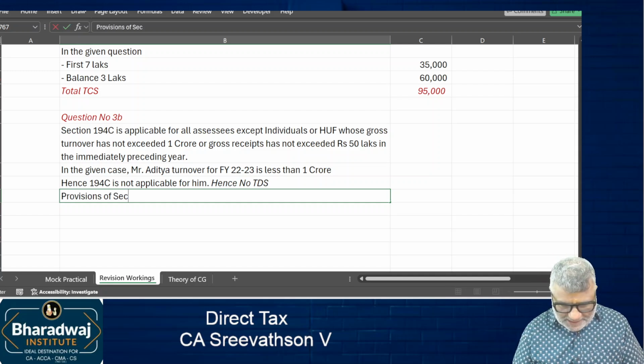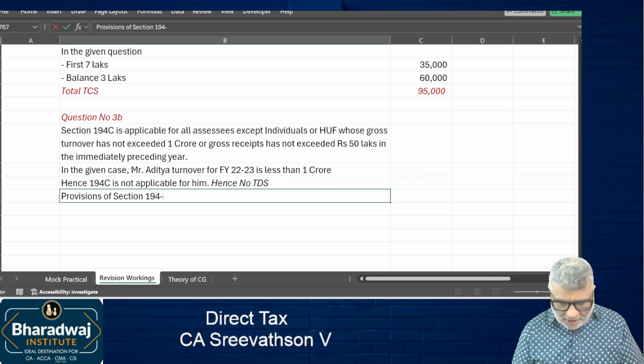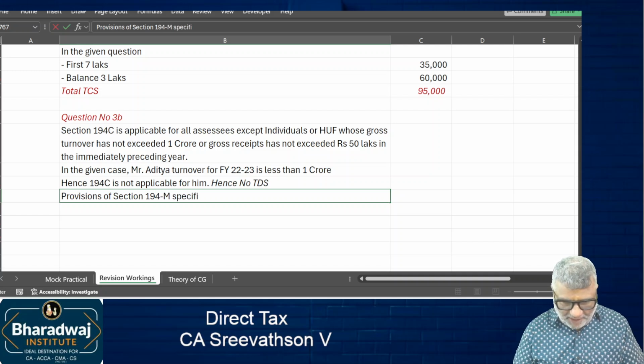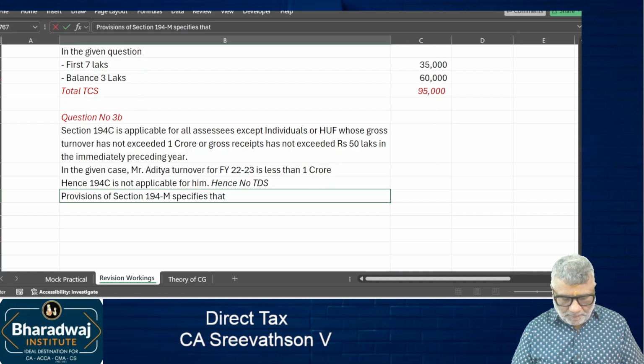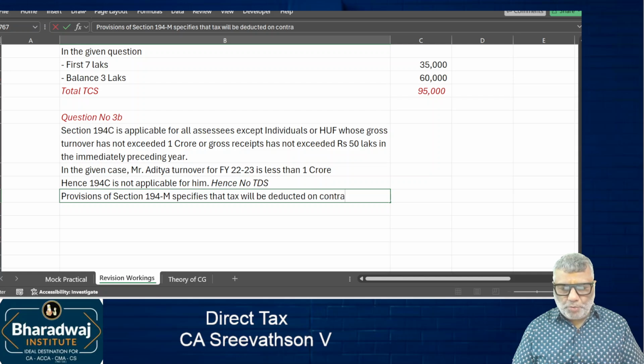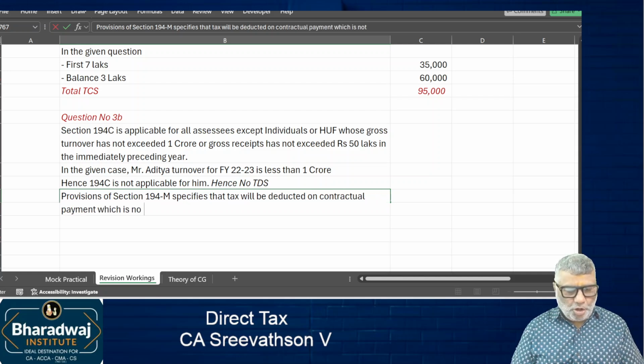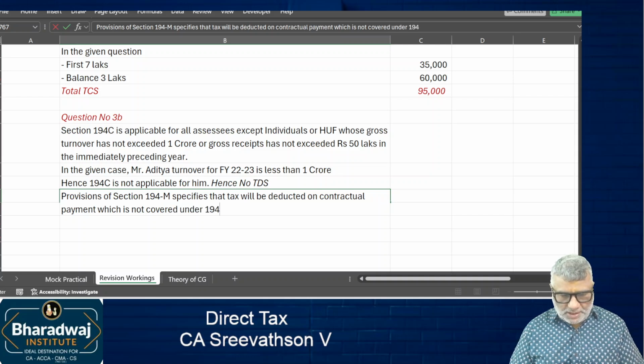Provisions of section 194M specify that tax will be deducted on contractual payment which is not covered under 194C.